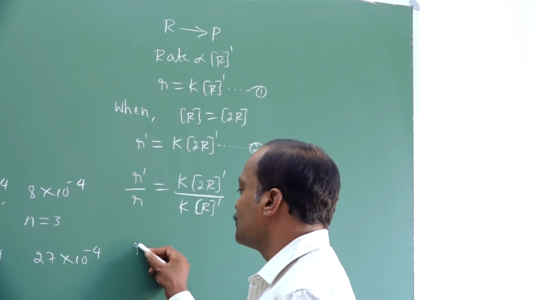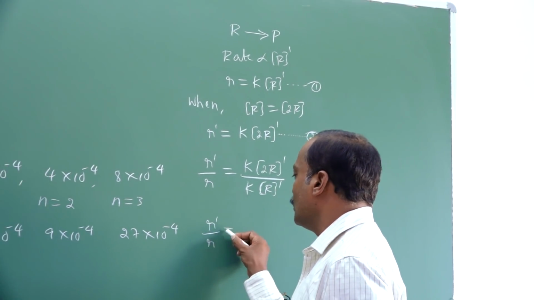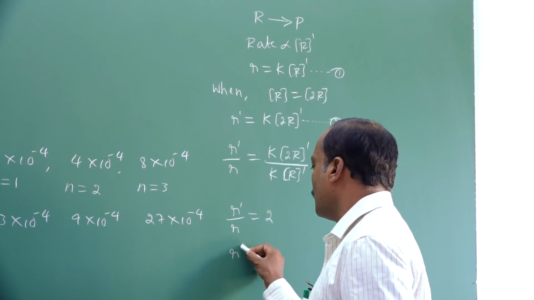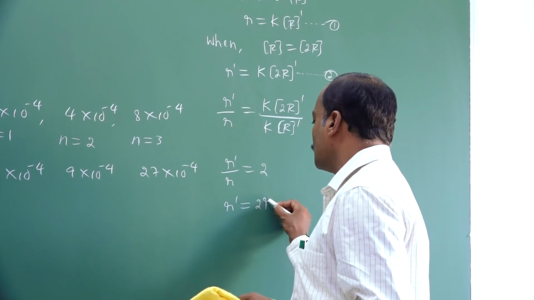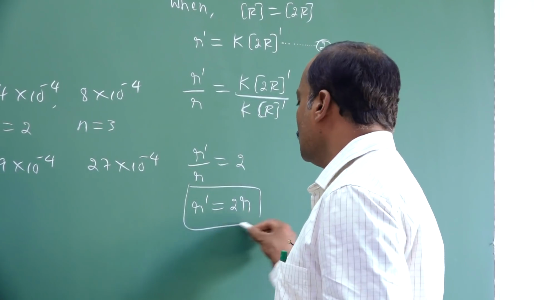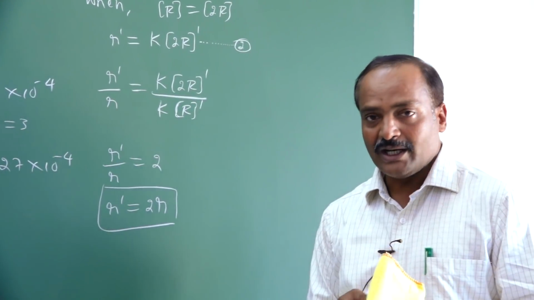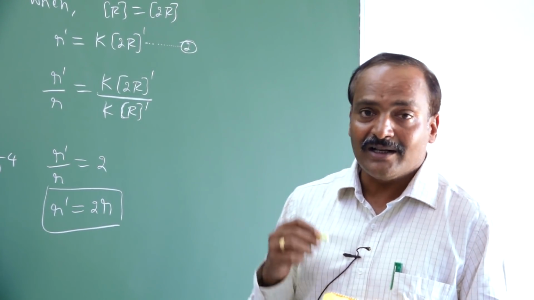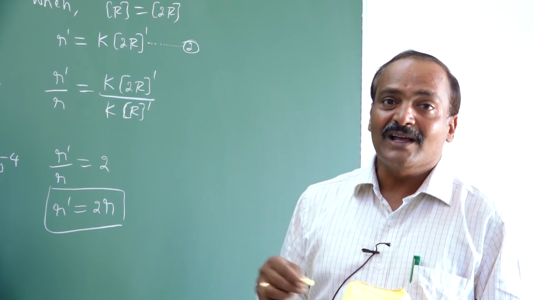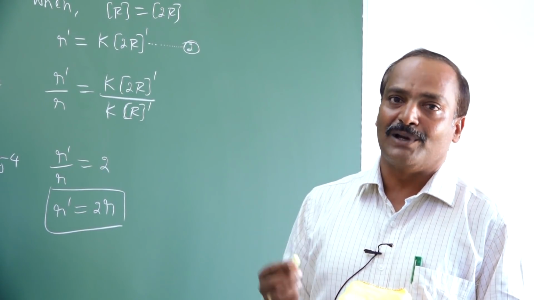Then R dash by R is equal to 2. Then R dash is equal to 2R. So the rate of a first order reaction doubles when the concentration of the reactant is doubled.